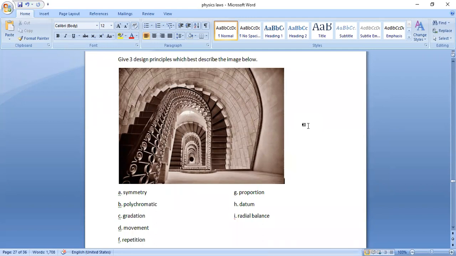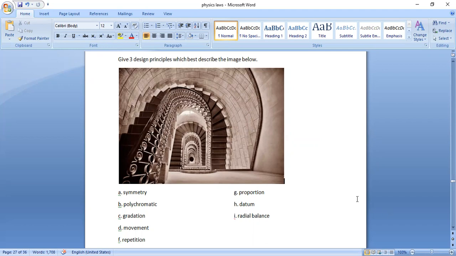Gradation. Yes, ma'am. Yes, there is gradation. Gradation means, what does gradation mean? In the same color, there are different hues of the same color, like here. You can say shades of one color.